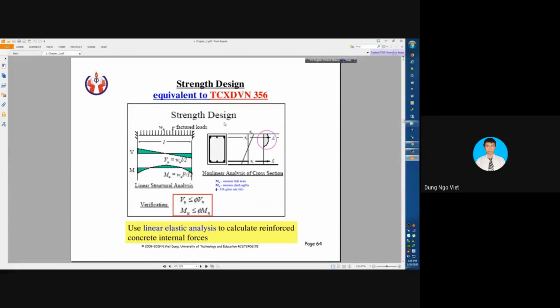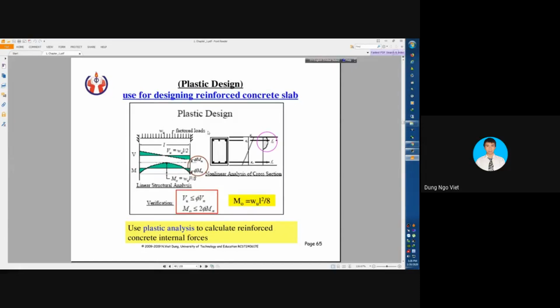Here is the strength design, and according to the old standard of concrete of Vietnam, we use the linear elastic analysis to calculate the reinforced concrete internal forces. And this is plastic design, we use plastic design analysis to calculate the reinforced concrete internal forces.